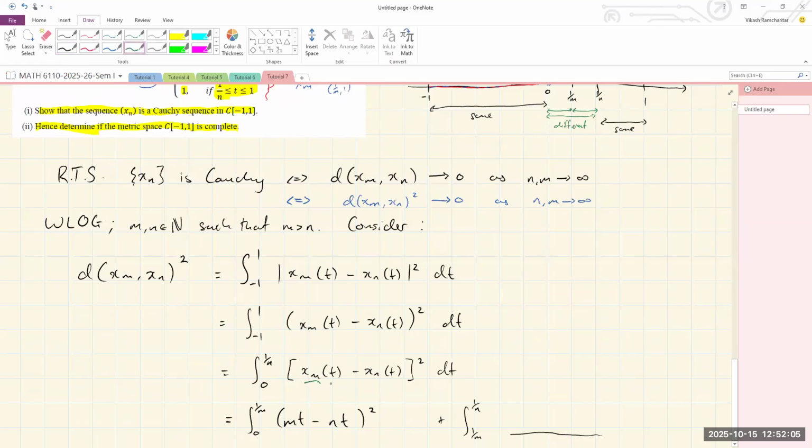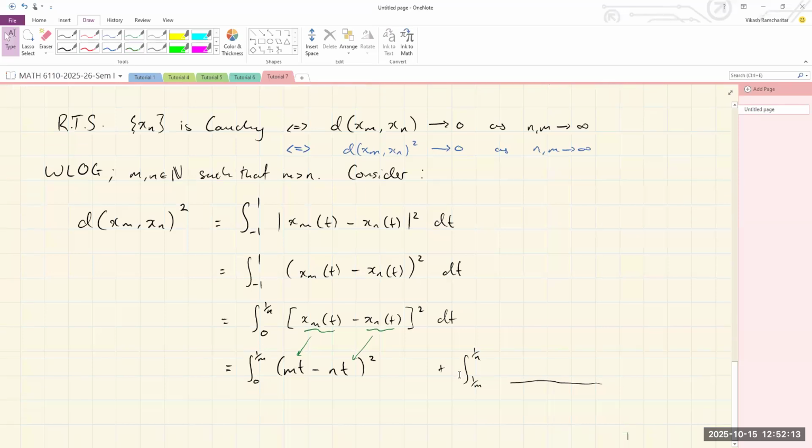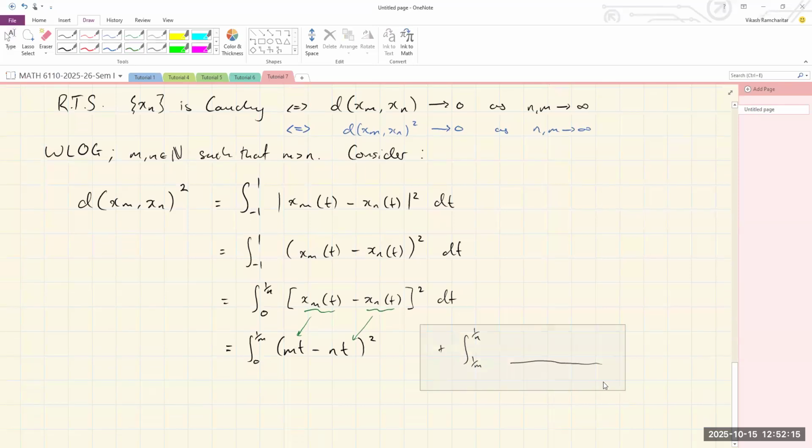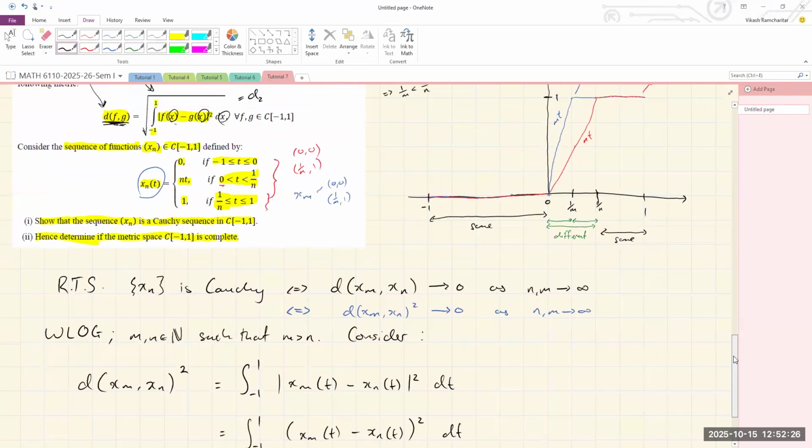So I'm saying this guy is this guy, and this one is this one. Okay, and from 1 over m to 1 over n, what do these functions look like?